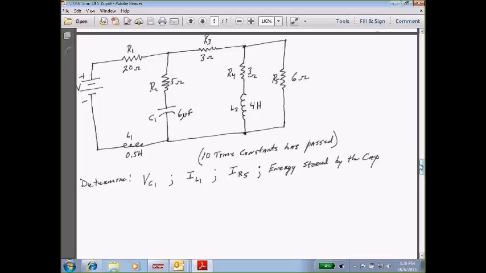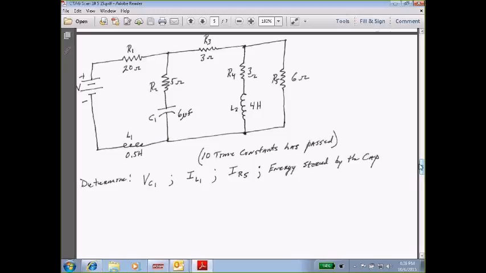So that's 3 over 9 times the current coming into the junction, which was 2 amps. That gives me 0.66 amps. So that would be the current through R5.